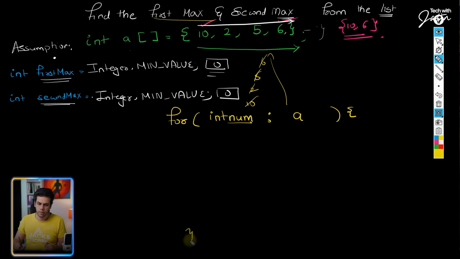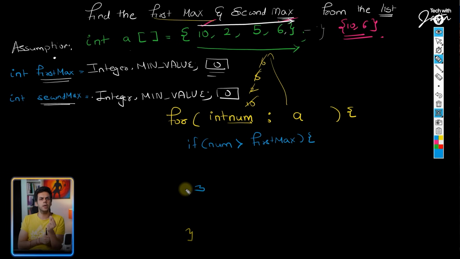Now, what we will be doing is we will check something. We will check if the number that I'm having from this particular array is greater than the first max which I was assuming.